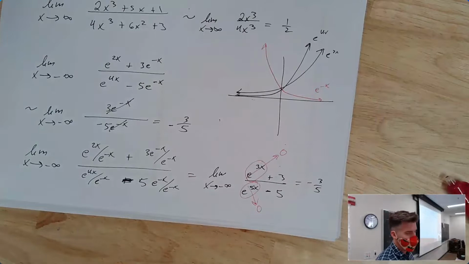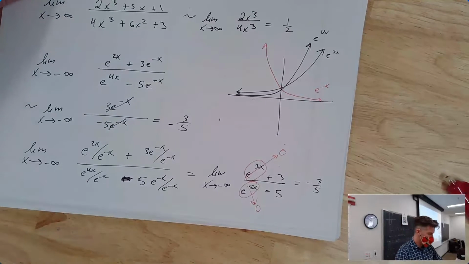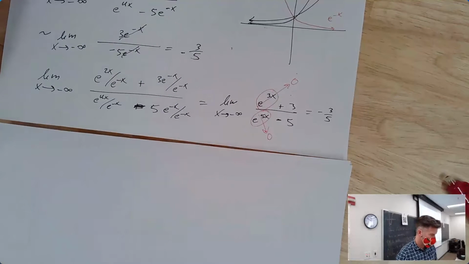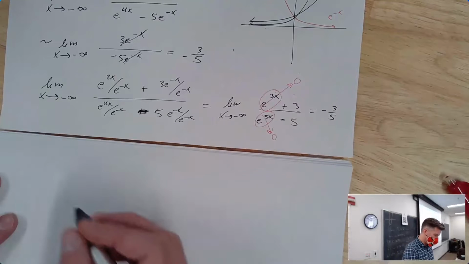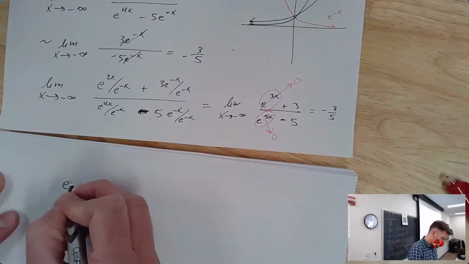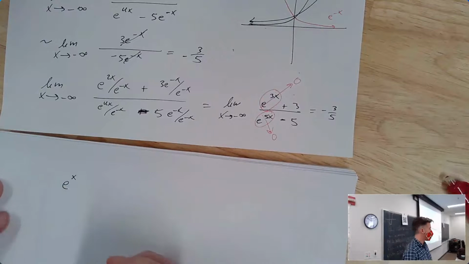So when people speak about dominant terms, they're just talking about the thing that's getting the biggest the fastest. An exponential is kind of always our biggest thing. So e to the x is the thing that grows.